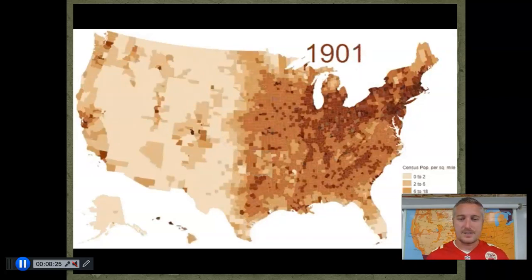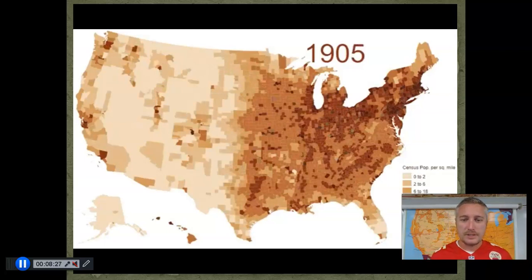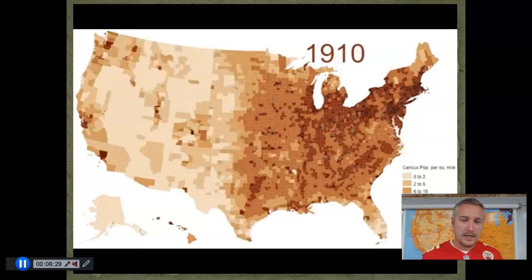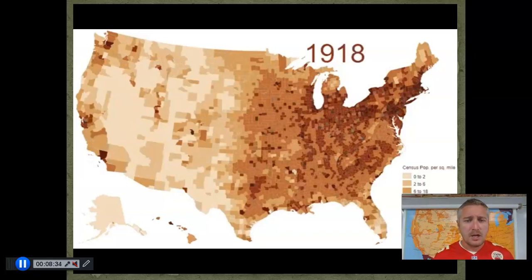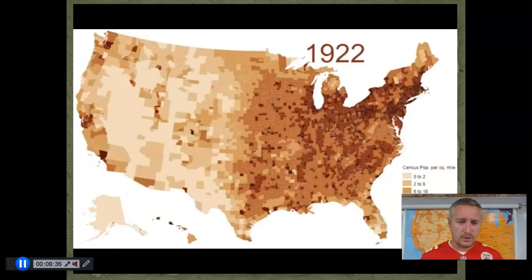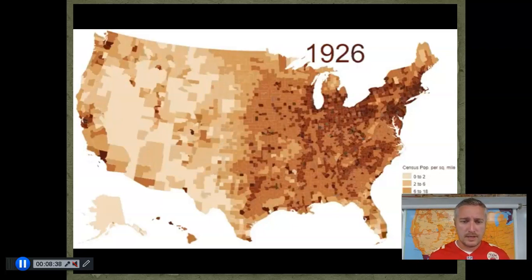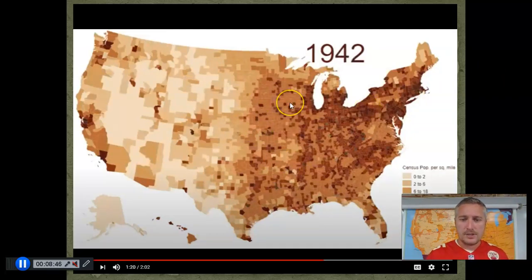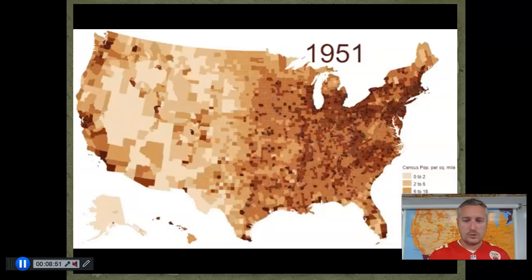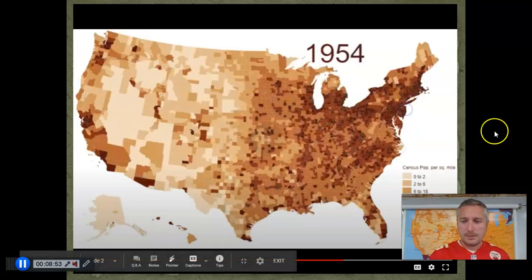We're seeing Texas, and by the early 1900s, we're seeing Utah start to form with the Mormons moving out there. We're seeing Colorado, Denver, that's that dark center right there, as a kind of jumping off point for people crossing the Rocky Mountains. So, look at how dark these counties are turning. So the population is definitely moving westward. Now, one thing I would like to point out, and then we'll move on here.